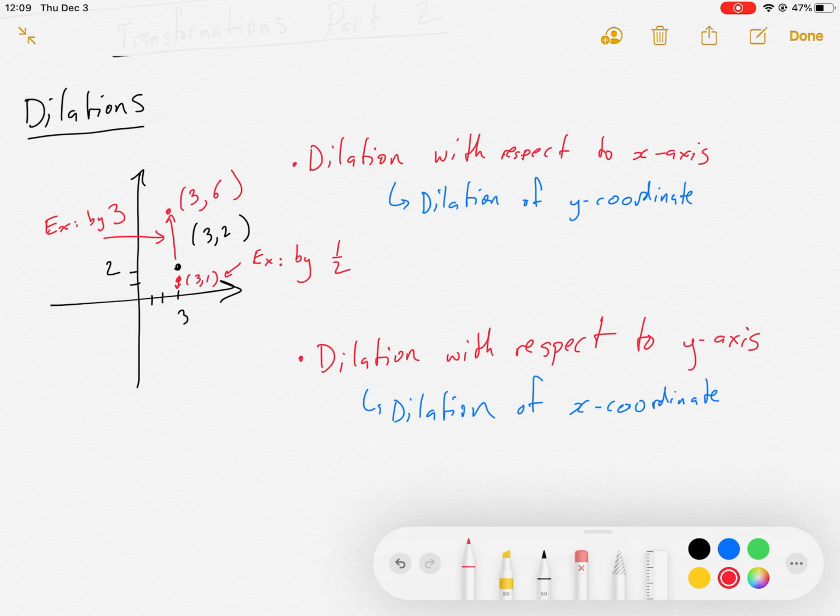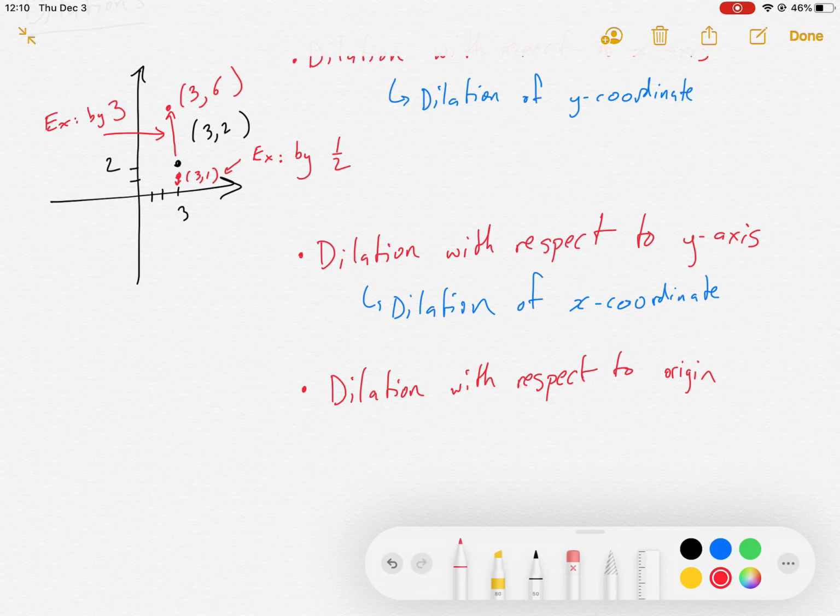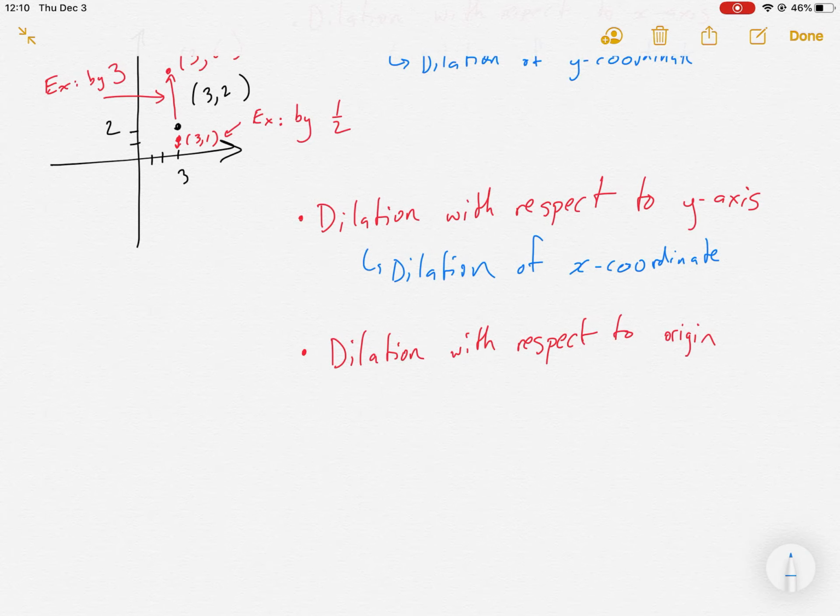And finally, I could also dilate with respect to the origin. And what this would mean is I'm actually changing both x and y.